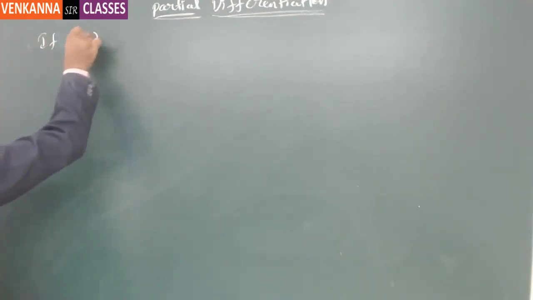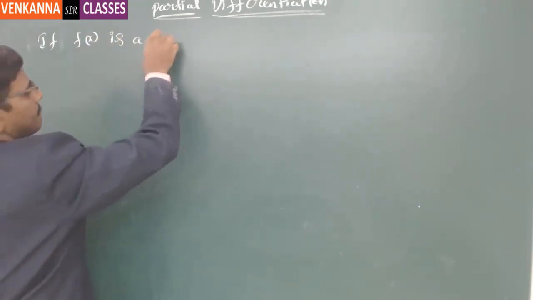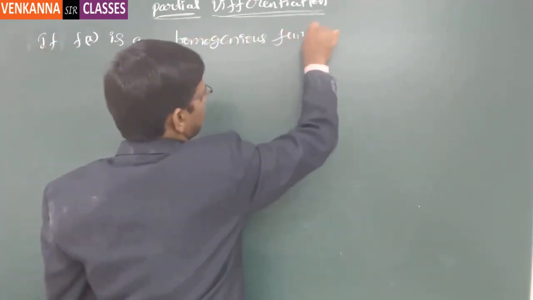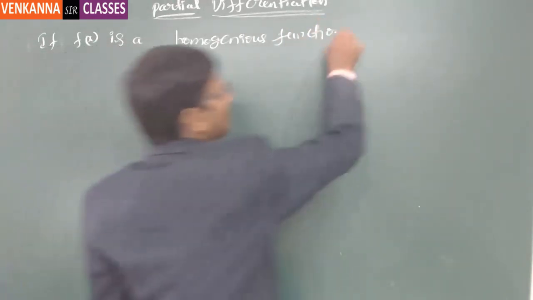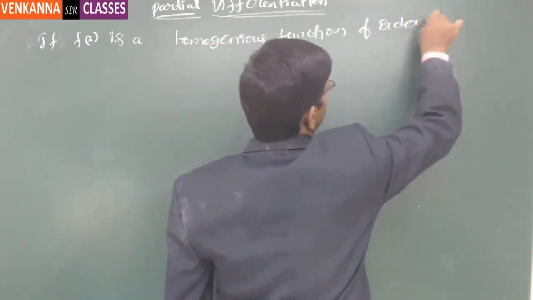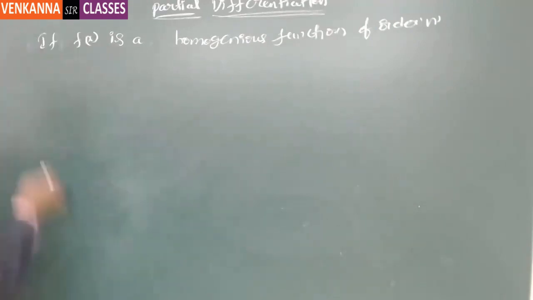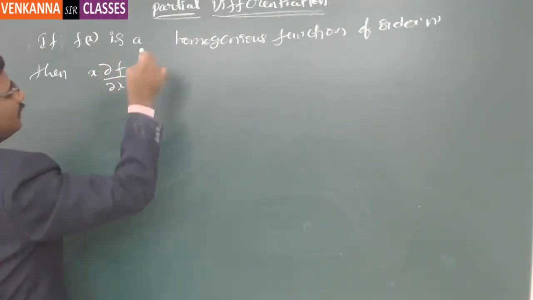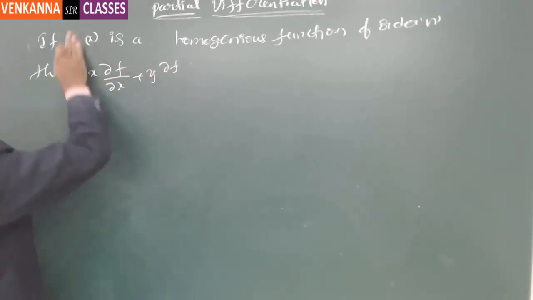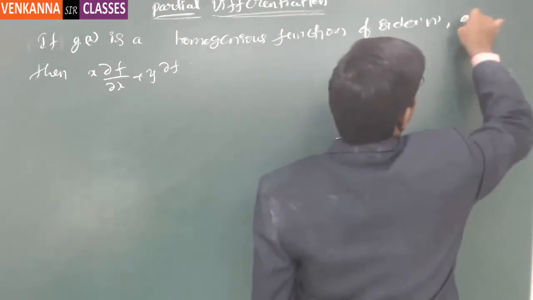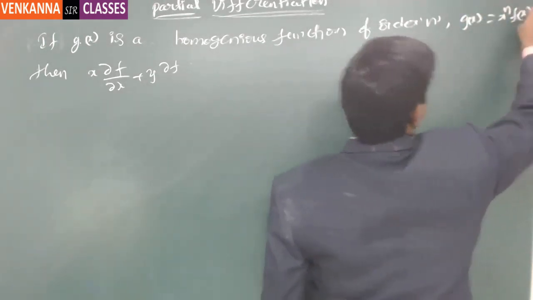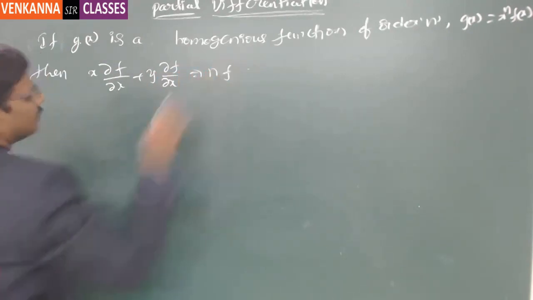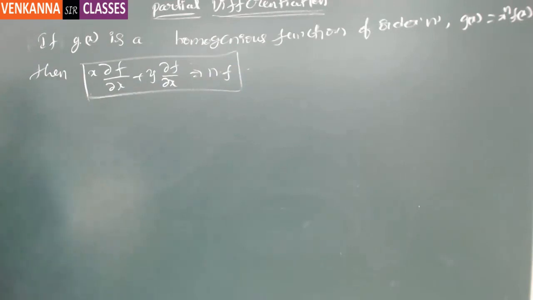If f is a homogeneous function of order n, then x into dou f by dou x plus y into dou f by dou y is equal to n times f. So this is the fundamental theorem associated with it.